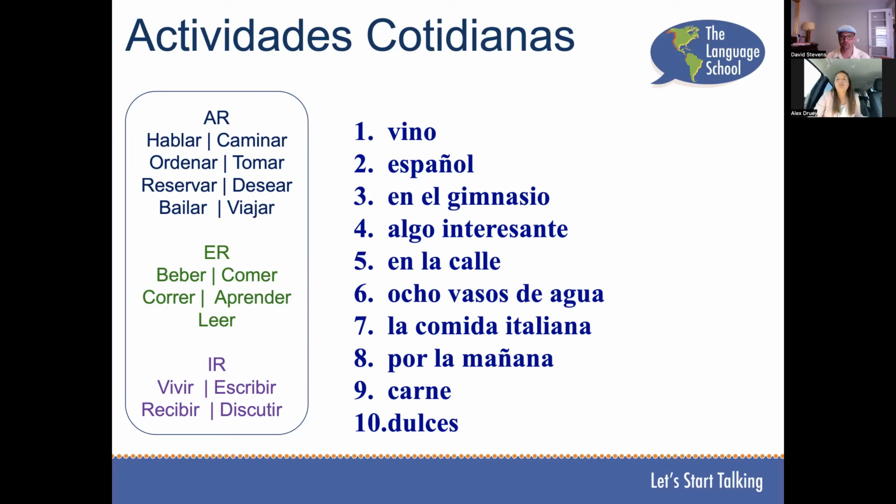Bebes 8 vasos de agua. Sí, bebo 8 vasos de agua. ¿Deseas la comida italiana? Sí, deseo la comida italiana. Me gusta mucho. ¿Escribes por la mañana? Sí, a veces escribo por la mañana. ¿Qué significa carne?